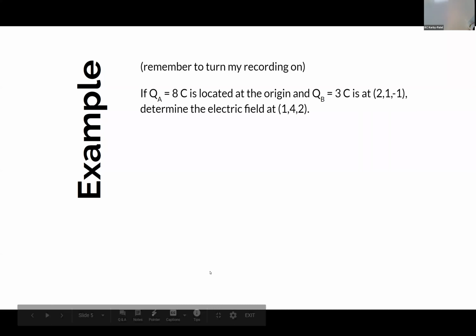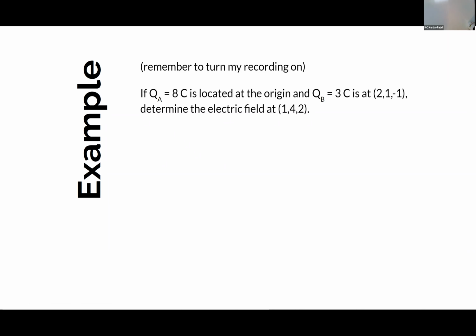All right, so we're going to do an example. I will switch over to the whiteboard view in a second. If we have some charge QA, which is located at the origin, and a different charge QB at a different location, then we have to determine what the electric field is at a third point.